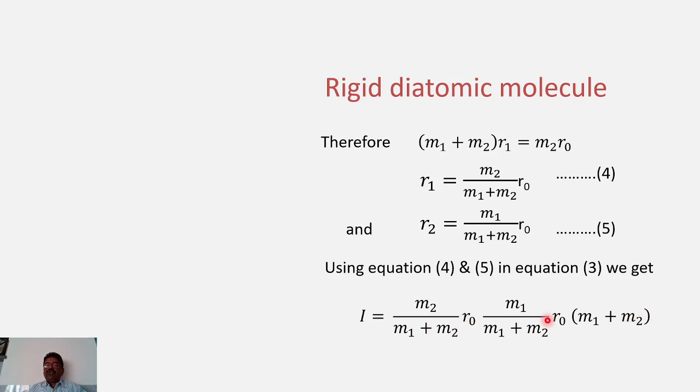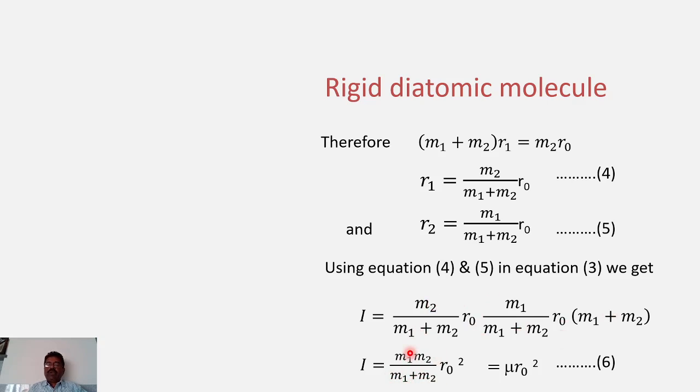So R0 into R0, R0 square, m1 m2, and this is m1 plus m2 into m1 plus m2, that is m1 plus m2 square. One of these will get cancelled, so in the denominator we have m1 plus m2. So finally you have an equation for the moment of inertia.